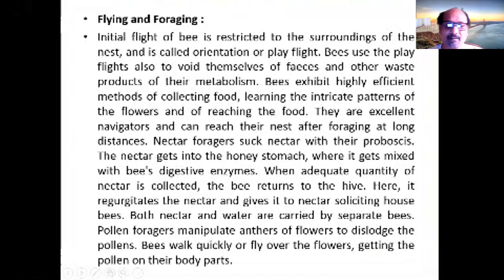See, this is the flying and foraging behavior of the bees. Whatever we have seen is known as flying and foraging, the search for food.